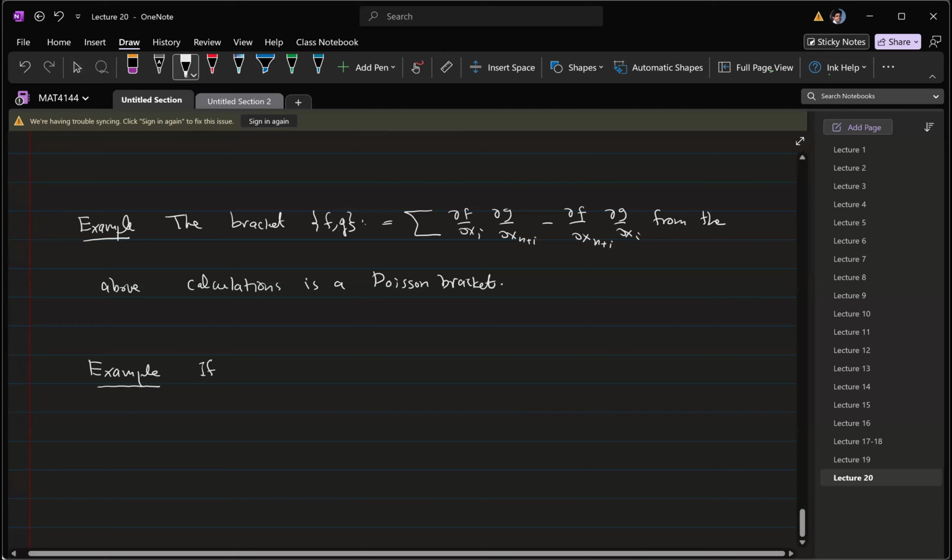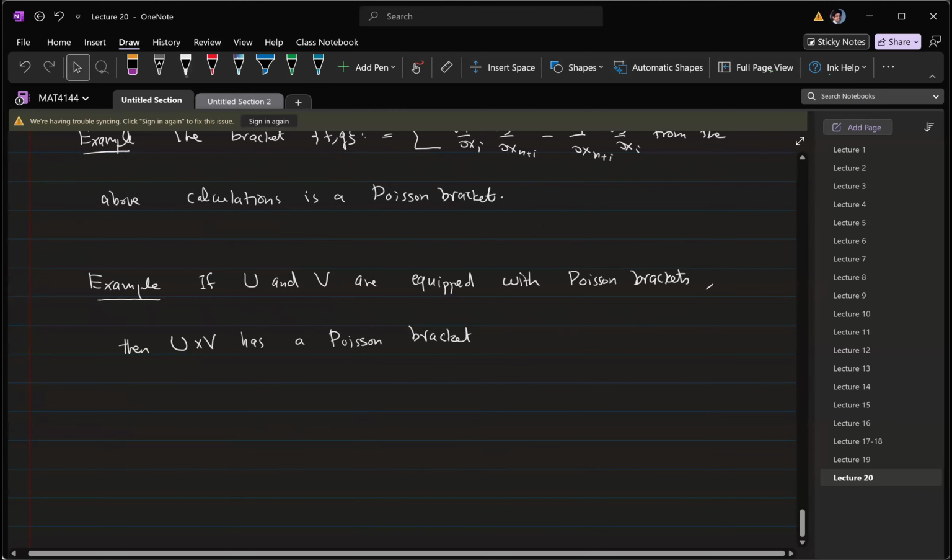If U and V are equipped with Poisson brackets, then U cross V has a Poisson bracket defined by the following formula, for F1 and F2 functions on U cross V.